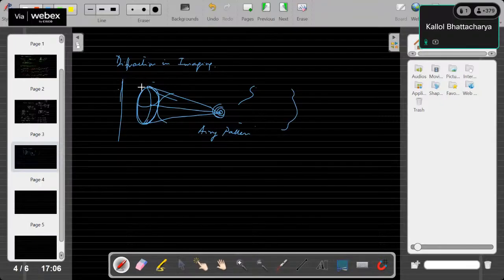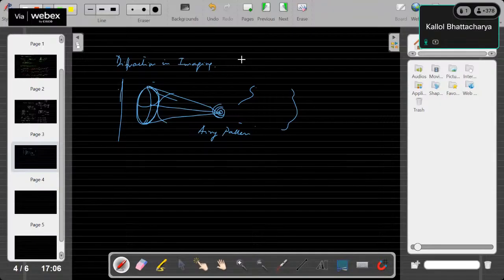This diffraction you cannot avoid. It is impossible to avoid diffraction. It is a natural phenomenon. Lenses can have aberrations, but a very good designer can design the lens so that the aberrations go to a minimum, almost zero. So it's a very good lens system where the aberration is zero, but you cannot avoid diffraction. A lens system where the aberration is zero, and the limitation in imaging is only because of diffraction, is called a diffraction limited system.